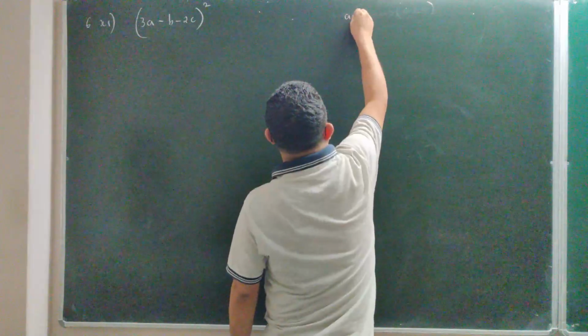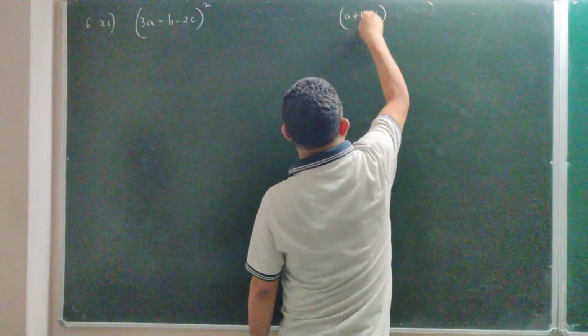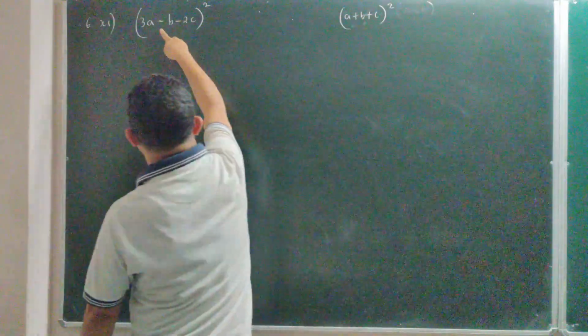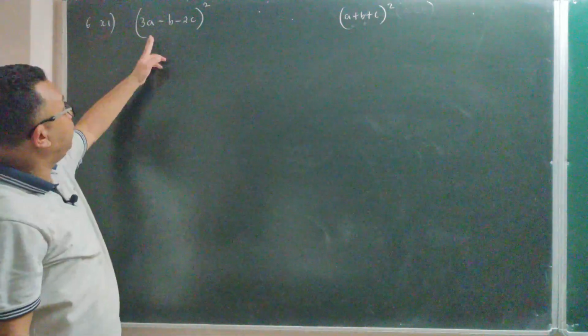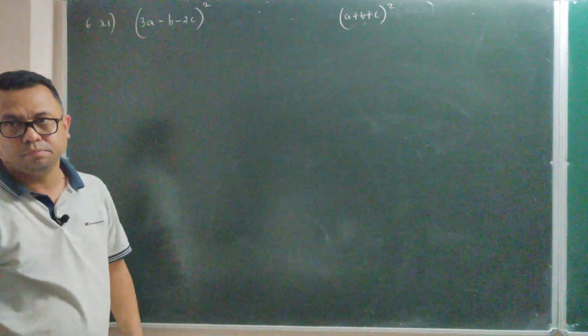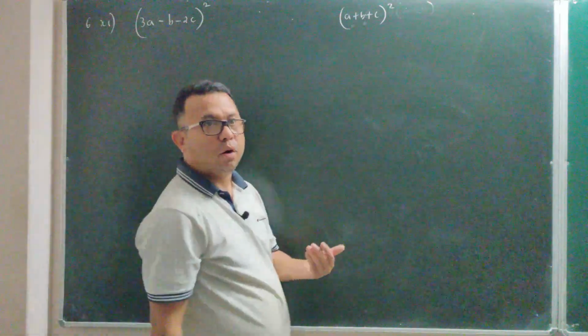It is 3a minus b minus 2c whole square. Now again I should remind you that I have given you formula of only a plus b plus c whole square. Plus, all of them are plus, but then you can see minus has come. I did not give you a formula of a minus b minus c. There is no formula. So if there is no formula, then what we are going to do now?